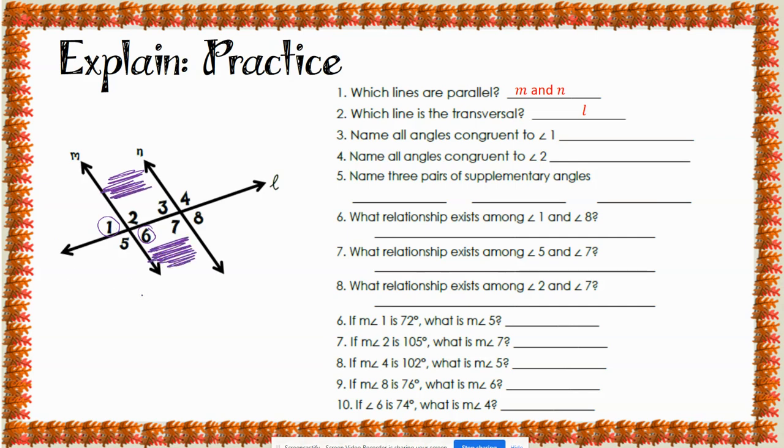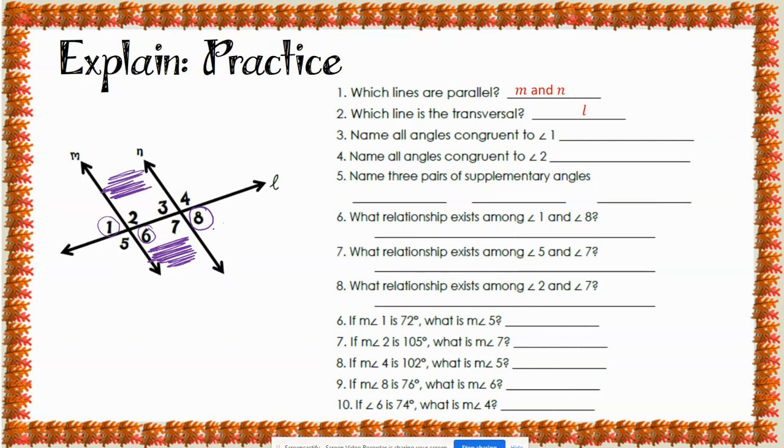Well, everything outside of that is exterior. So angle 1 should have an alternate exterior angle with it. Well, the alternate exterior angle with angle 1 is going to be angle 8. And that's because 8 is also outside of the parallel lines, but it's on the opposite side of the transversal. So angle 8 is also congruent to angle 1.